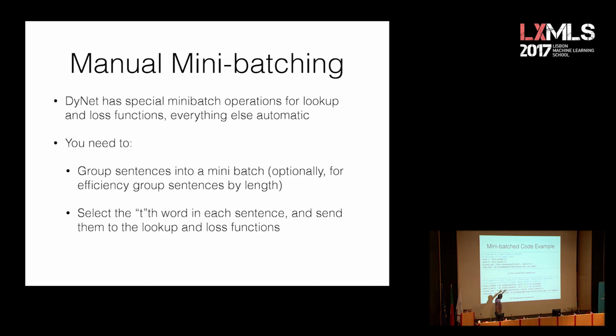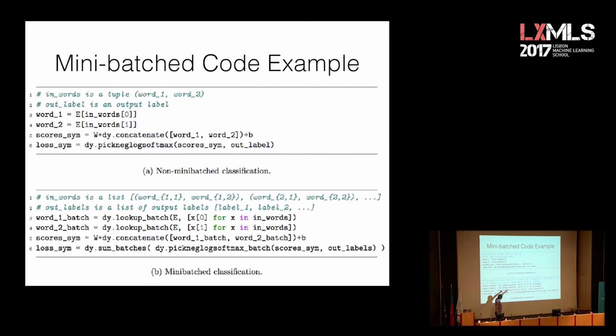When we do mini batching, basically what we do is we have a list of the first word and second word, first word and second word, first word and second word for multiple training examples, and then we have a list of labels. And then instead of calling the lookup function, we call the lookup batch function, where we pass a batch worth of IDs. We also do this for number 2.